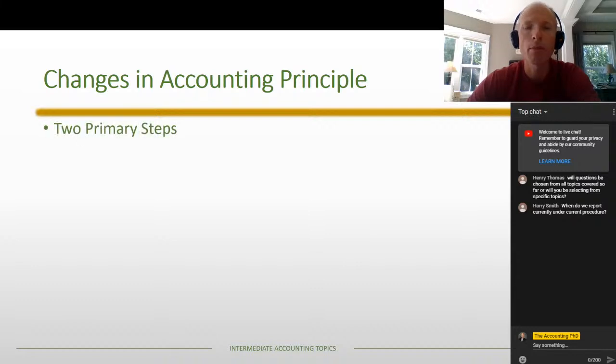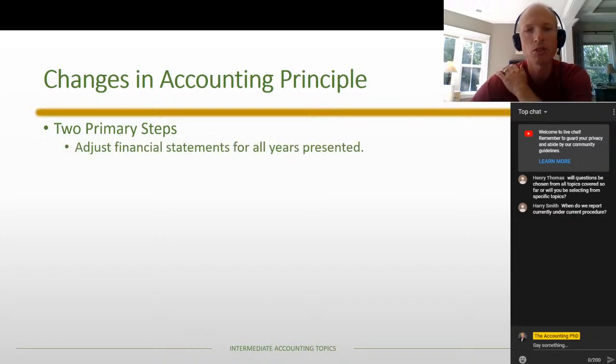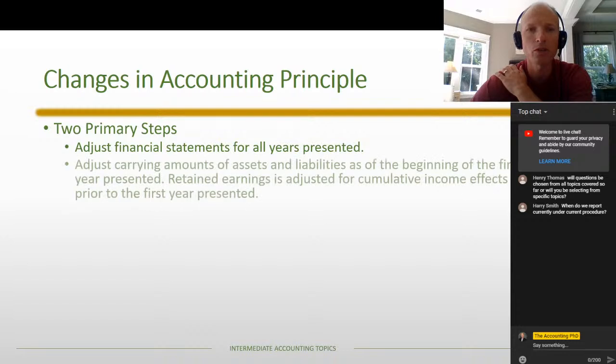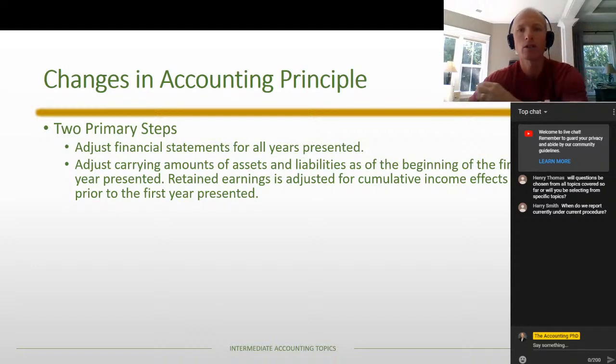All right, there are two primary steps whenever we have a change in accounting principle. The first is you need to make adjustments to financial statements for all years presented. And the second thing is you need to adjust the carrying amounts of assets and liabilities as of the beginning of the first year presented, and then retained earnings is adjusted for the cumulative income effects prior to the first year presented.